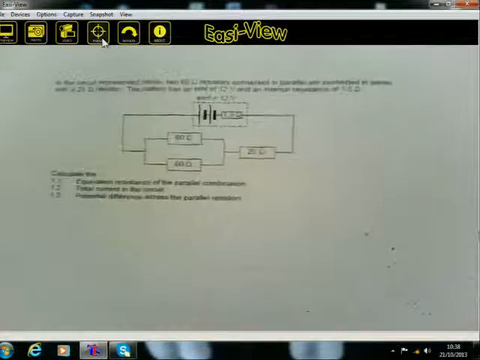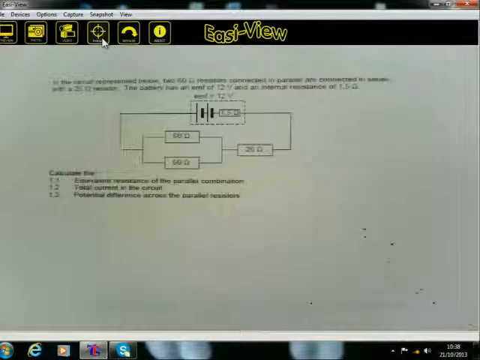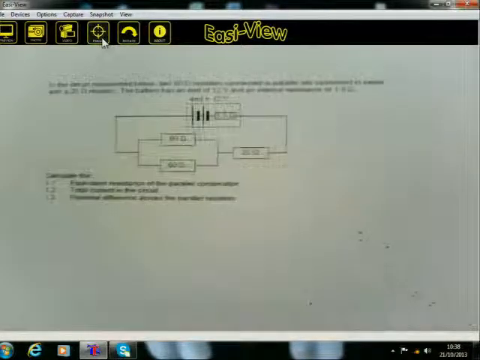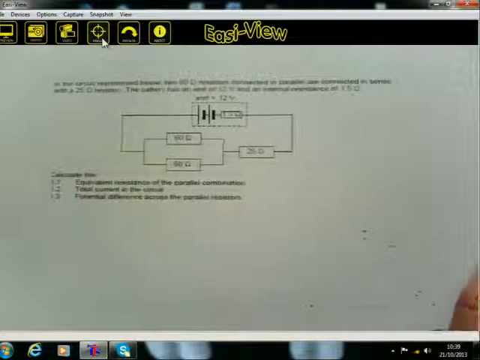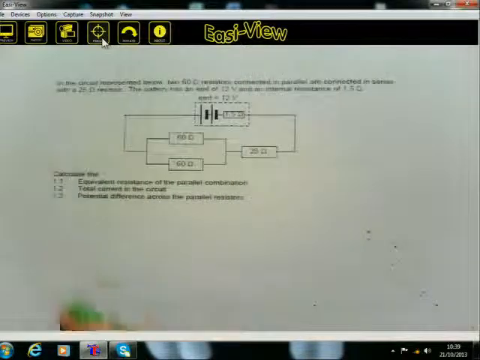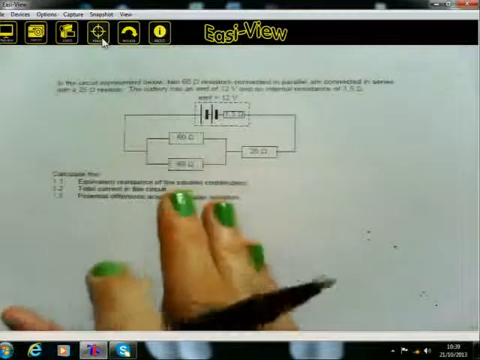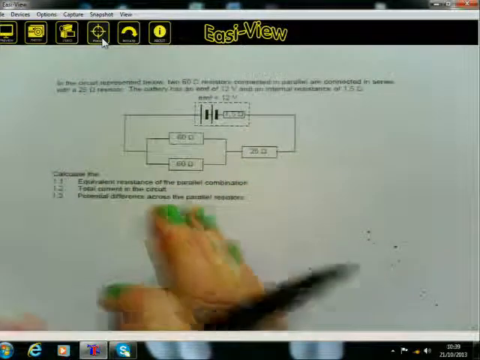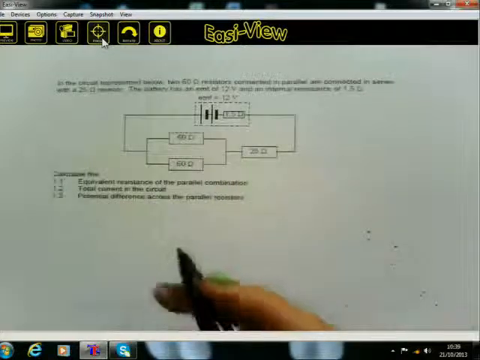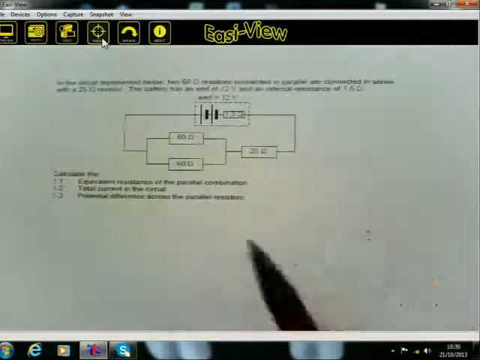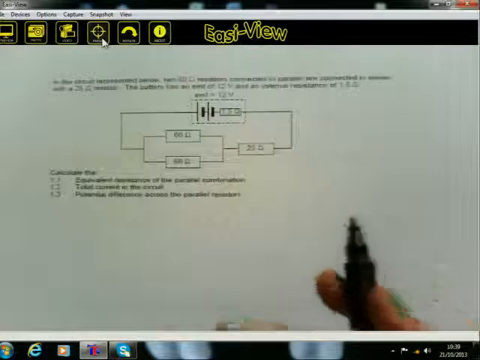Then we have a longer question. I've picked this one because it's very straightforward. But if you don't understand all the terms and how everything goes together in a circuit, then you won't be able to do this one, even though it is very simple, because most of the information is given.